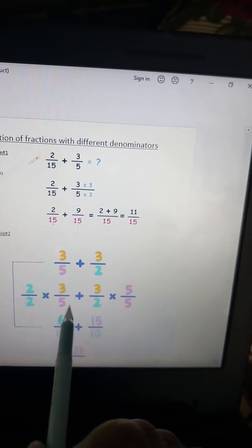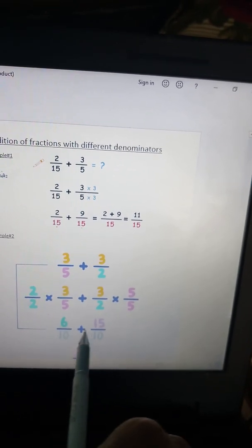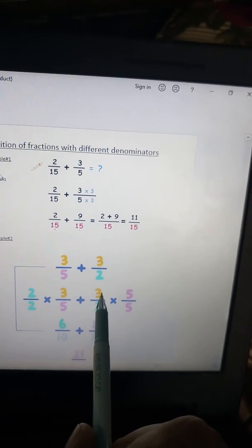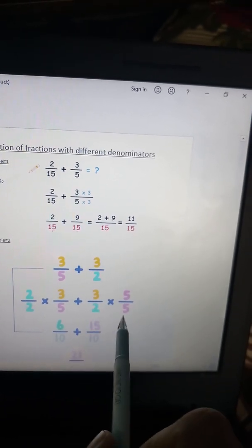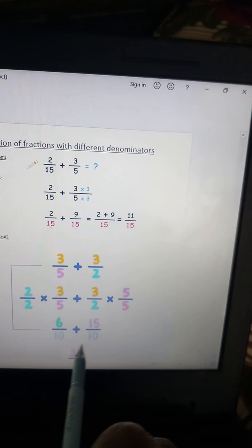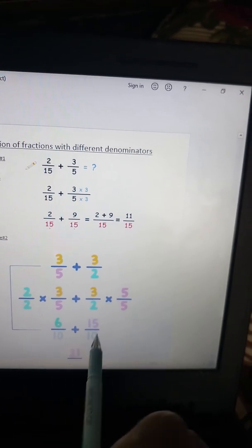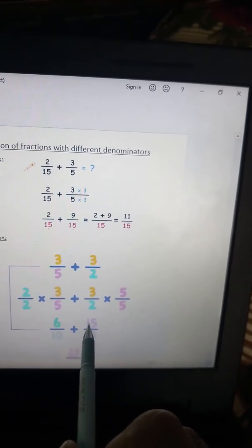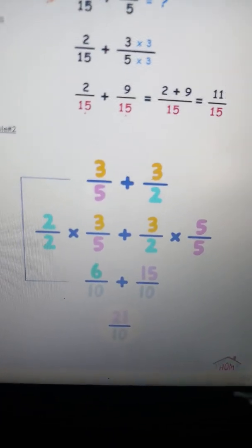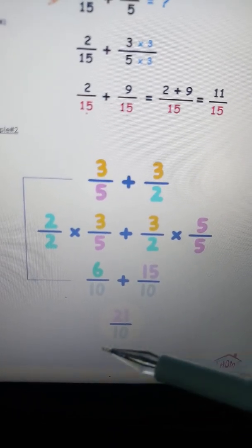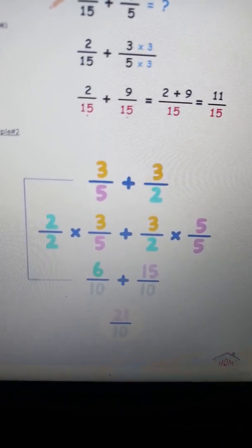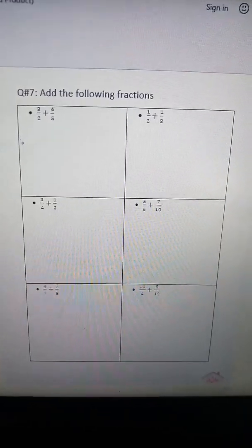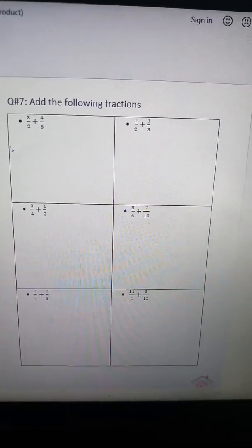So we will get 2 3s are 6, 2 5s are 10, and 3 5s are 15, and 2 5s are 10. So now the denominators are the same. Now we can add them. 6 plus 15 is equal to 21, and the denominator will be the same. Now you can add the following fractions.